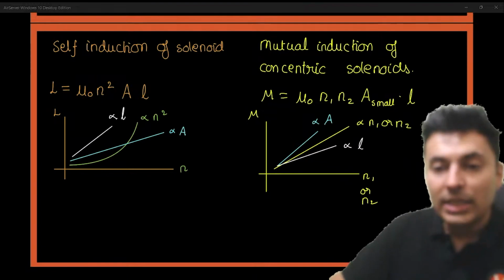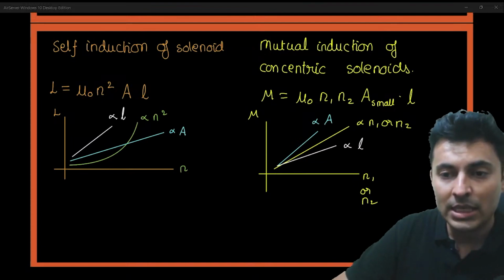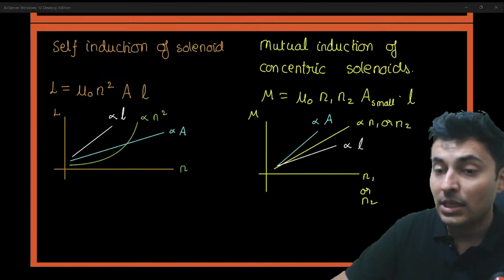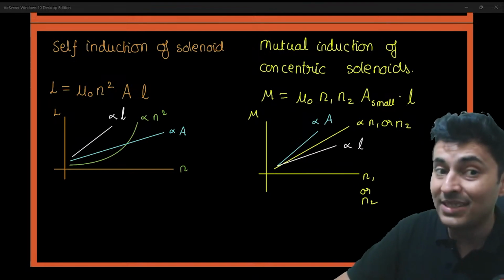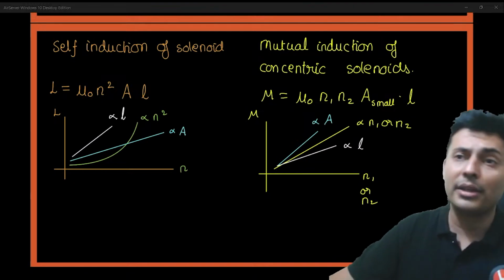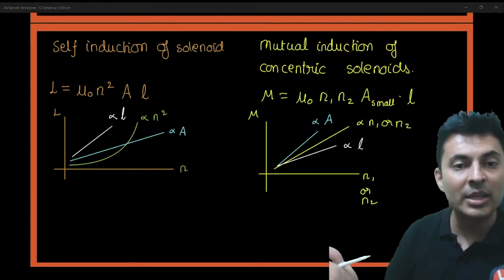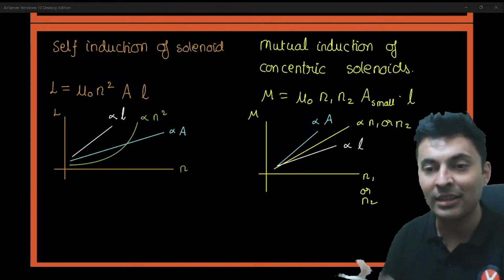Yes. Perfect. Small n is number of turns per unit length. So again, you will have to see in the problem whether the length is kept constant, or the total turns is kept constant, or different solenoids of different turns per unit length are being used.